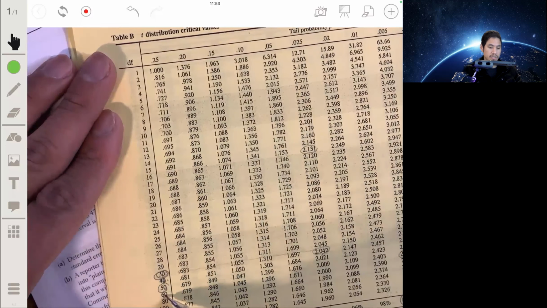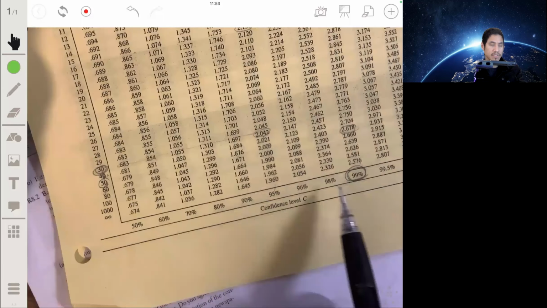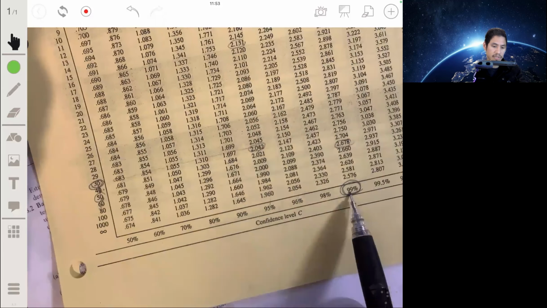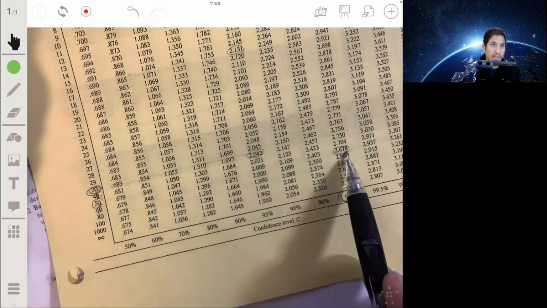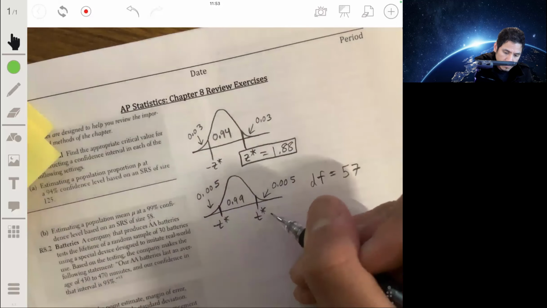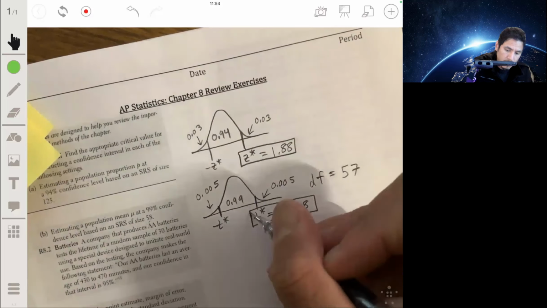Even though 60 is closer to 57, we have to be conservative, so we're going with 50. Then we look at the column that matches the 99% confidence level, shoot across, and we'll have our T-star value at 2.678. There you go.